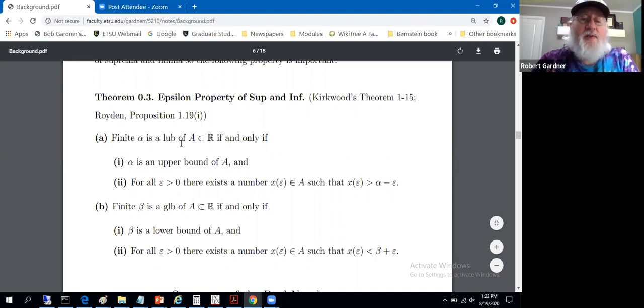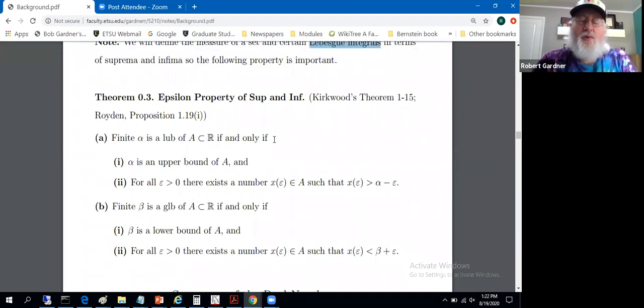Finite alpha is a least upper bound of set A, a set of real numbers, if and only if the following hold. So we're given necessary and sufficient conditions for alpha to be a least upper bound of set A. Part 1, alpha is an upper bound of set A. Yeah, of course, that's necessary. And it needs to be the least upper bound. So we're taking the least in least upper bound and trying to rewrite it in terms of epsilon.